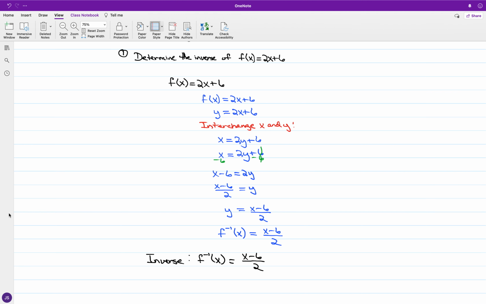Now, let's say that we have another scenario, and we'll say that we have a function g of x, and for this one, we'll say that g of x is going to be equal to 1/3 of x minus 4.